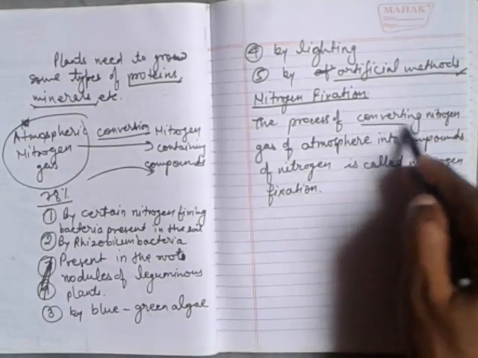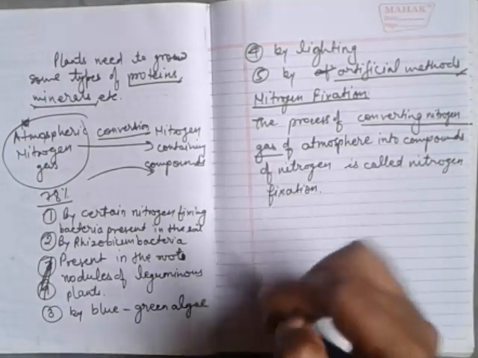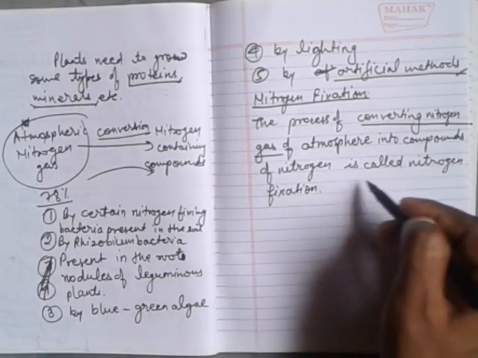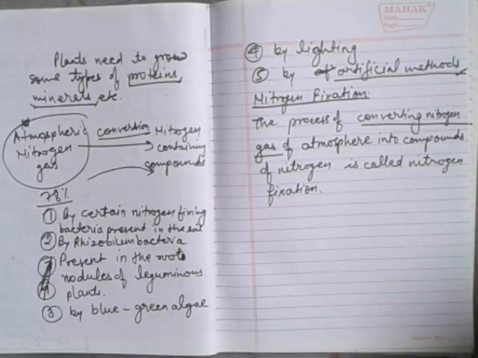The process of converting atmospheric nitrogen gas into the compounds of nitrogen is called nitrogen fixation.